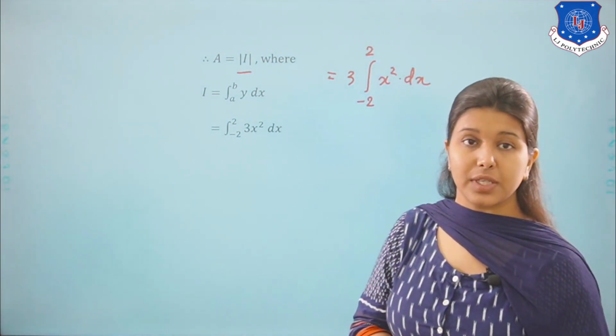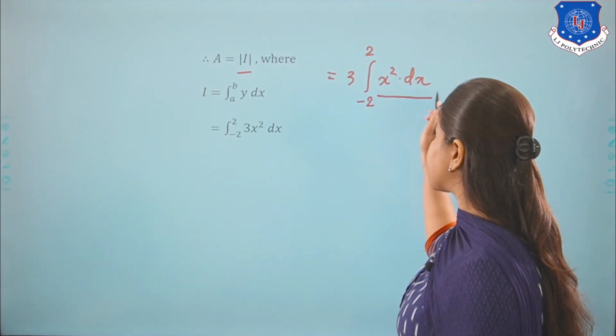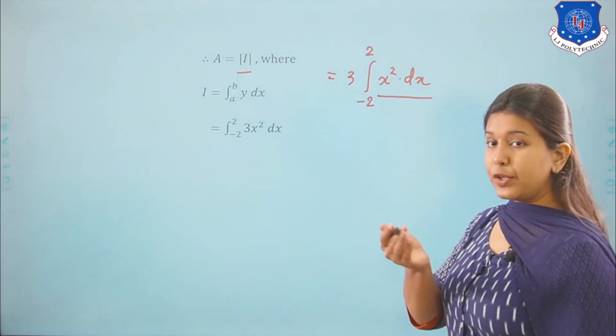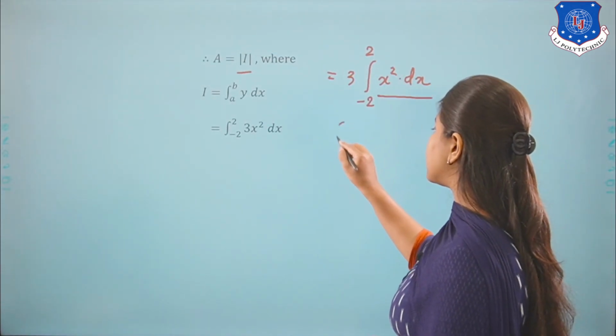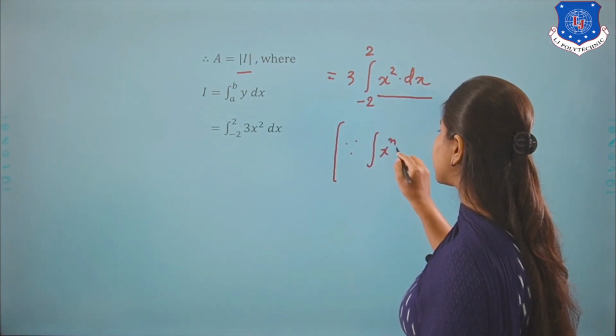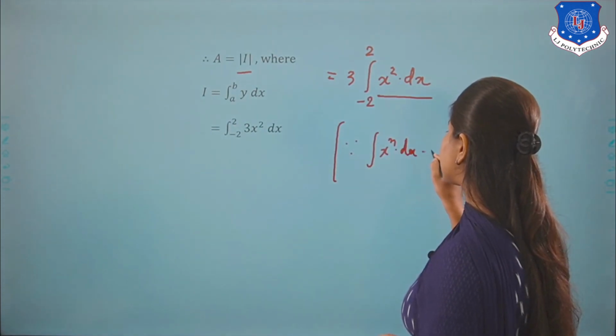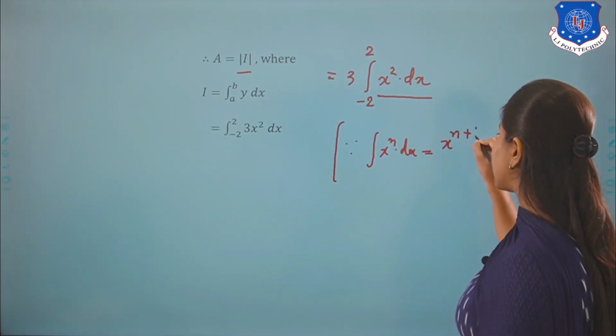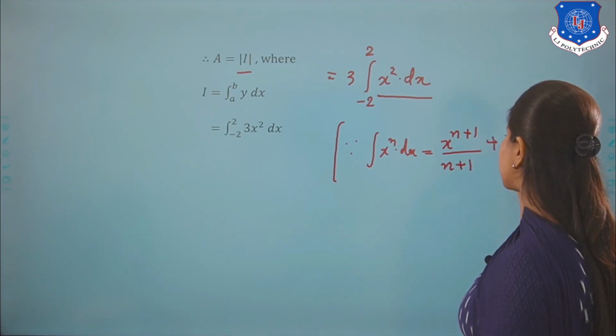Now how to solve this integration of x square dx? For that, you know the formula, that is integration of x raised to n dx is equals to x raised to n plus 1 upon n plus 1 plus c.